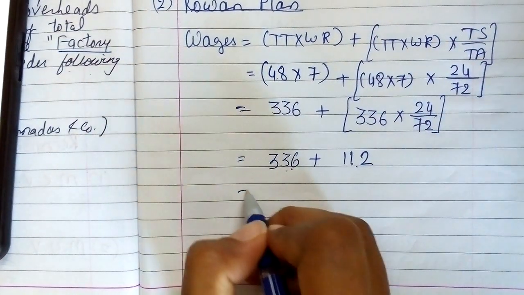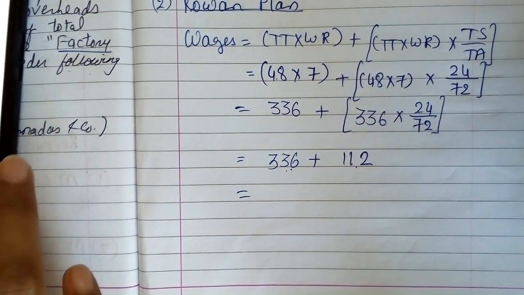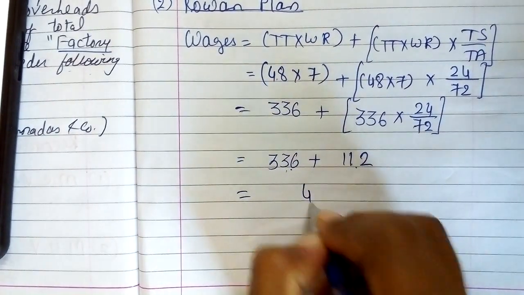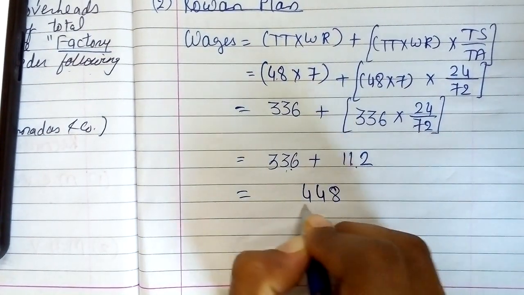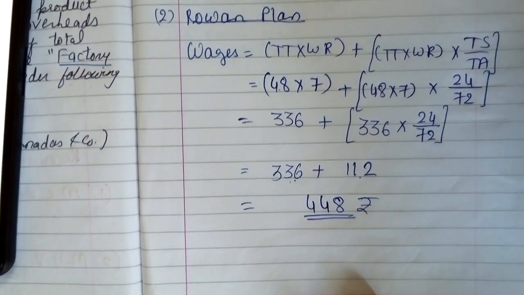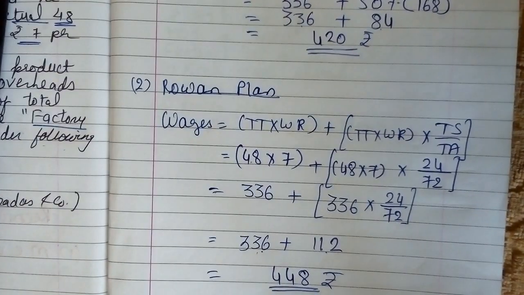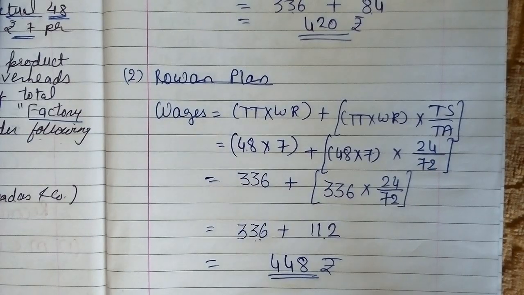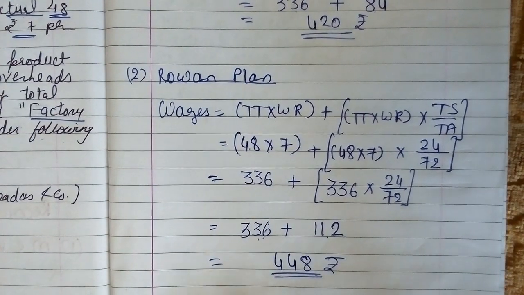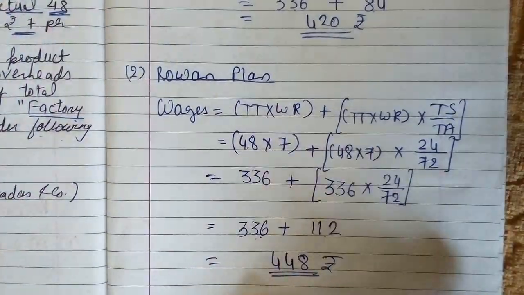By adding both of these, 336 plus 112, wages as per Rowan plan is 448 rupees. So wages as per Halsey plan 420 and wages as per Rowan plan 448. Now we have calculated the amount of direct wages.